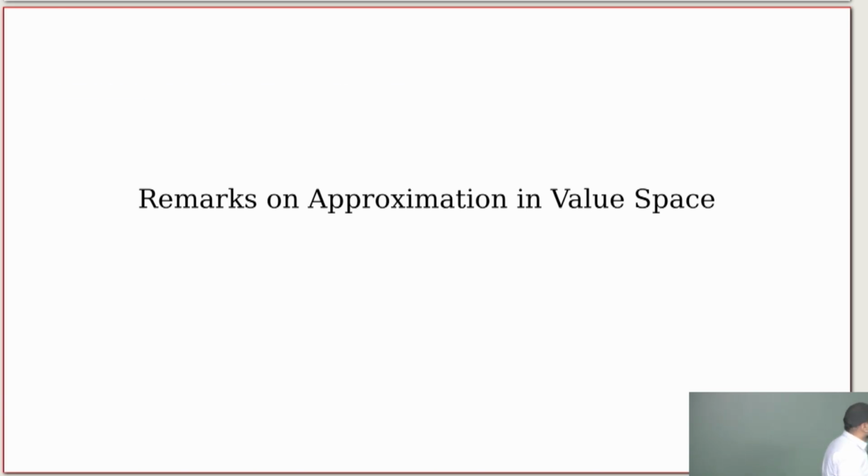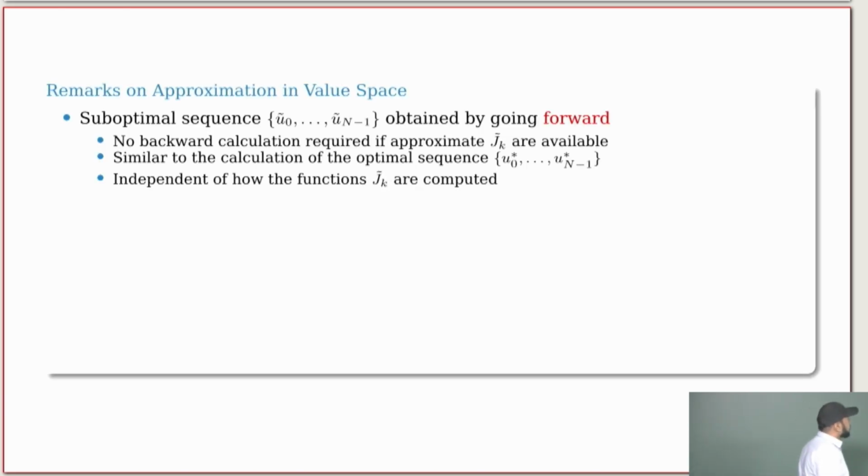So, remarks on approximation in the value space. The suboptimal sequence, which is u0 tilde, u1 tilde, up to u n minus 1 tilde, is obtained by going forward. Now this is interesting. What we are claiming here is that in the approximate DP, I may compute this suboptimal sequence while I'm going forward itself.